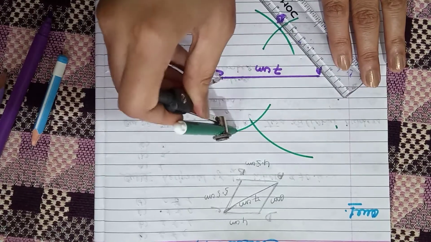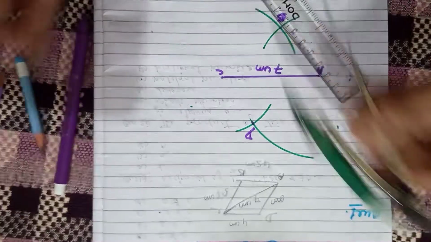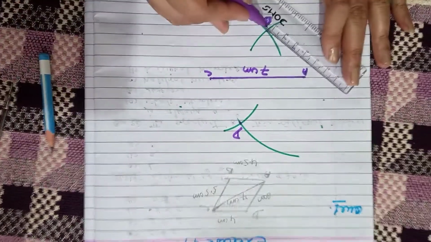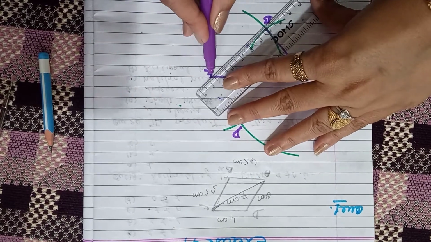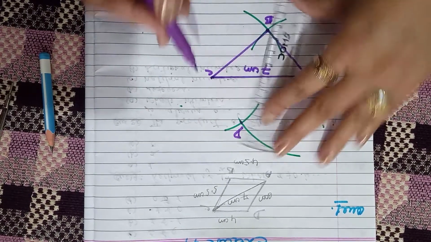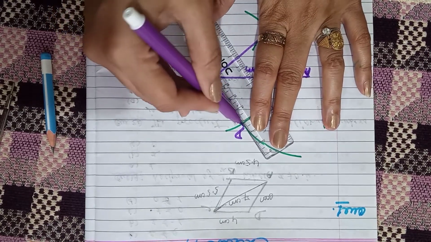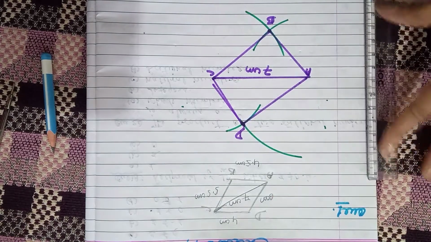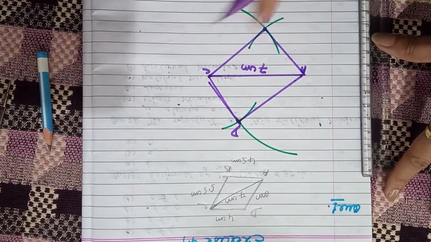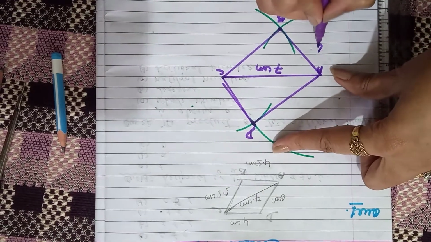So this intersection point is D. Now we join A to B, B to C, C to D, and A to D. Now our quadrilateral ABCD is ready.